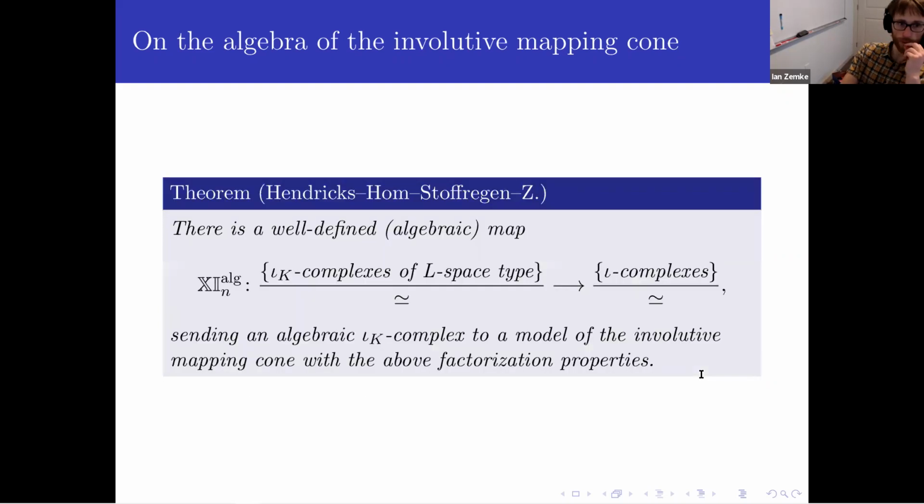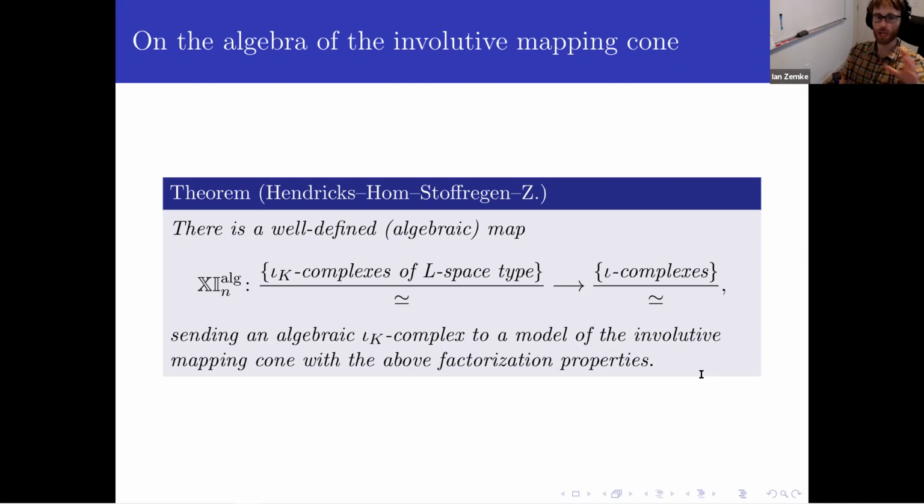And so what we proved is that there's this algebraically defined map, which we call XI algebraic, which sends an iota K complex of L space type to an iota complex, just algebraically what the mapping cone would look like. And we proved that this is a well-defined map on the level of homotopy type.